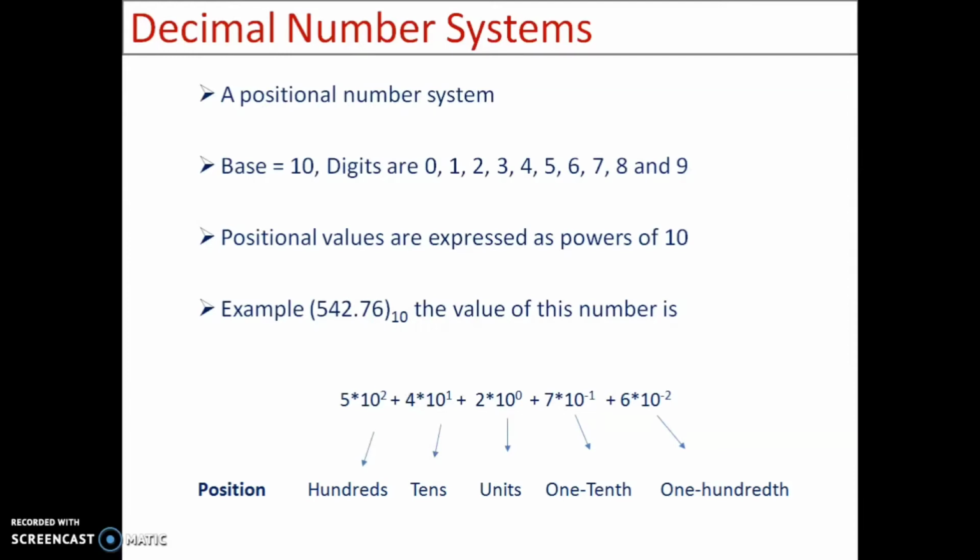The first one is the decimal number system. The decimal number system is a positional number system. It has 10 symbols, that is 0 to 9. So the base of the decimal number system is 10. Base means the total number of digits in a system.